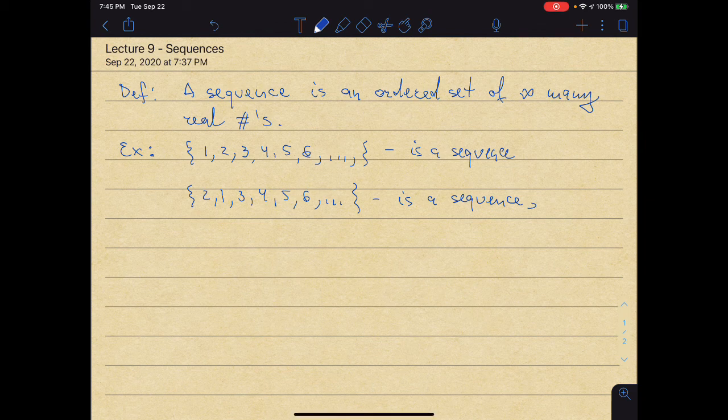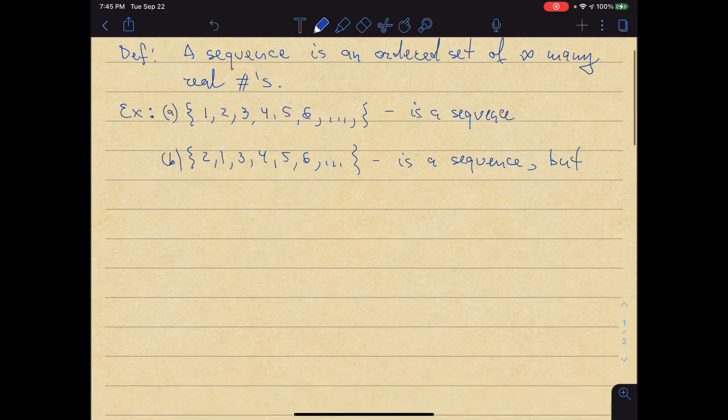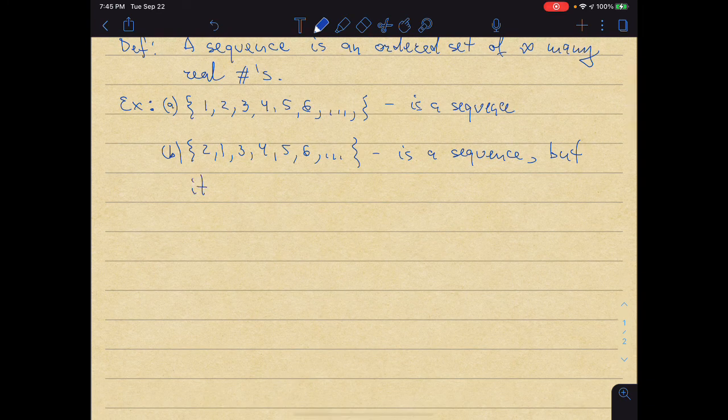But it is a different sequence than the first one. So let's label these examples as A, B. It is a different sequence than A, because the elements are not going to be in the same order.